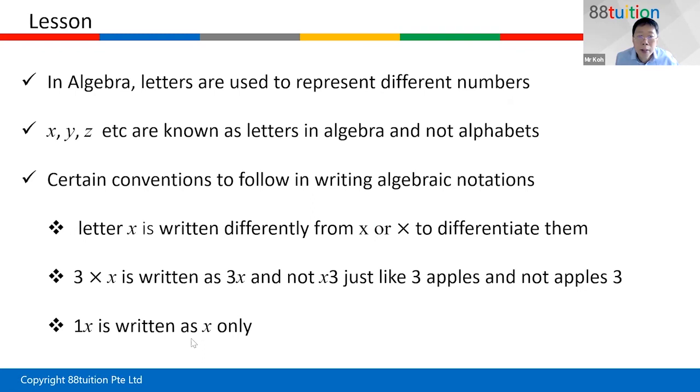The next one: 1x is written as x only. If you write 1x, you may either get it marked wrong or lose half a mark, so remember 1x is written as x. A lot of students cannot remember this and still continue with 1x, which I understand, because in primary school you could write 1 unit as 1u equals 10. Now in algebra you can only write u equals 10. This is just convention.